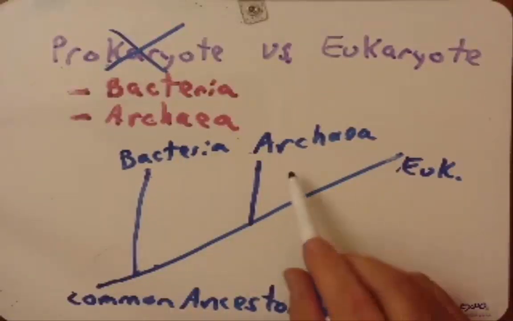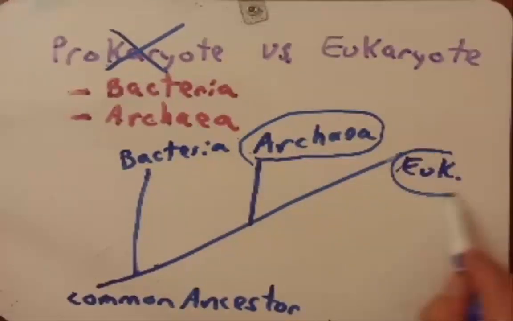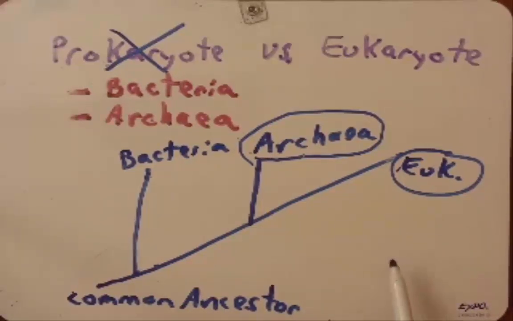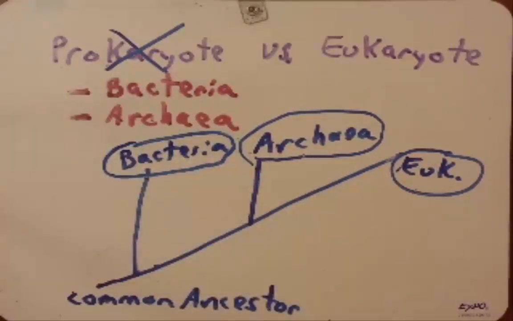When we do a genome investigation of archaea and eukaryotes, we realize that archaea and eukaryotes are much more similar to each other than either eukaryotes or archaea are to bacteria. So bacteria truly belong by themselves here, as the most primitive, the first cell that formed.